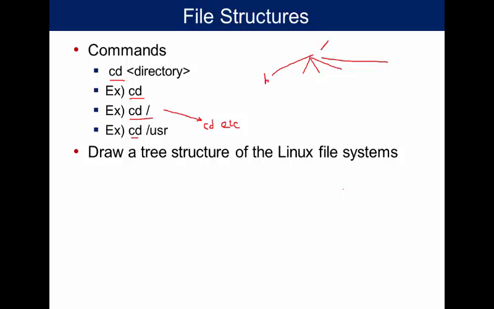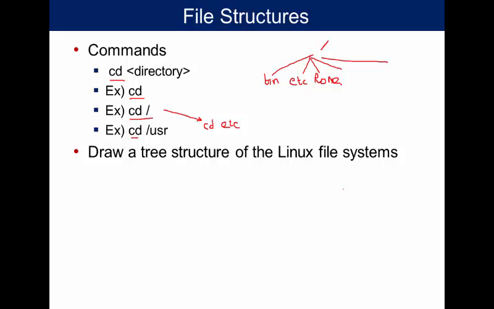For example, there is a bin directory, bin for binary, and there is an etc directory, and a lot more than that. And there is a home directory. Under this home directory, if you create a user, you're not the only user, because this is a multitasking, multi-processing server box. So you may create like 1,000 users.